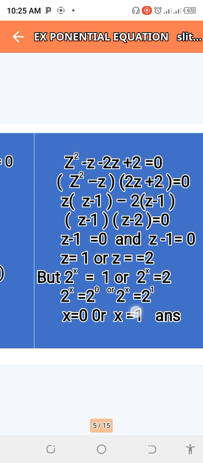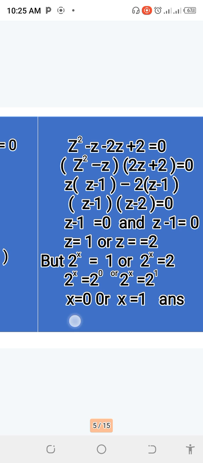And 2 exponent x is equal to 2 exponent 1 is the same thing as 2 exponent x is equal to 2. So the base 2 cancels base 2 here. What you have now is x is equal to 0. And base here cancels base here. What you have is x is equal to 1.